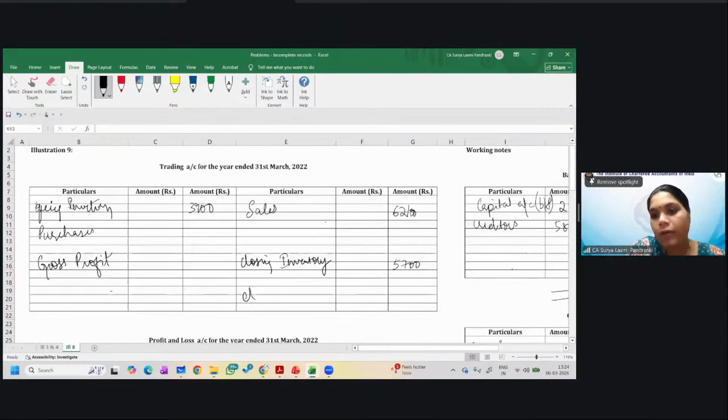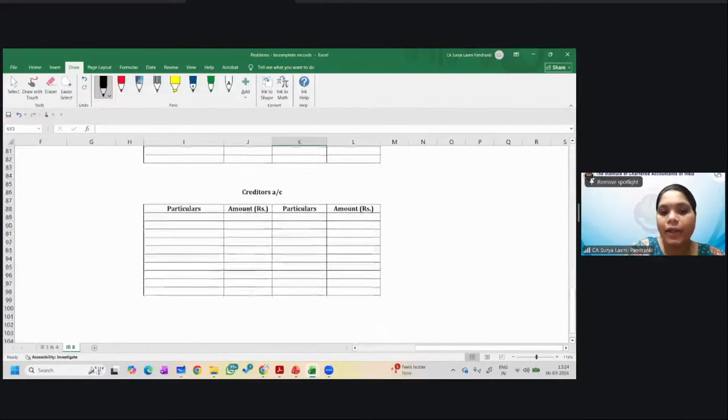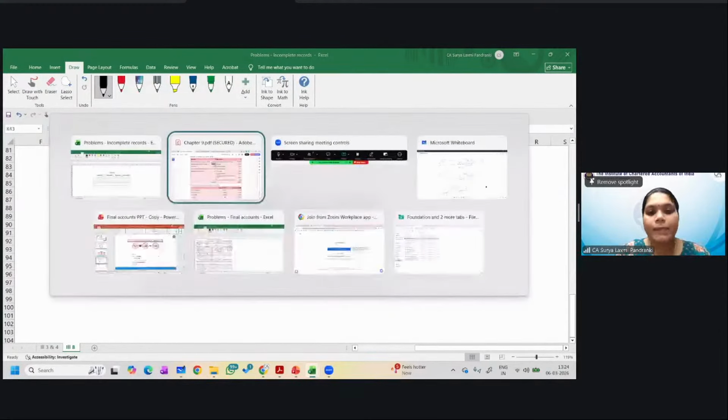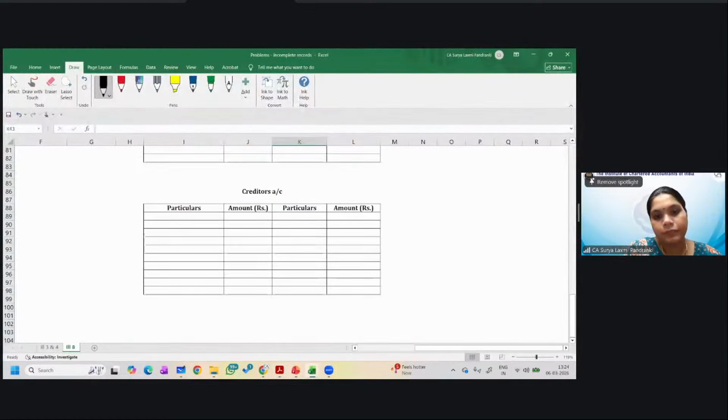62,100. Okay, done. Now, in the same way we will do the purchases and creditors account. Creditors balances, we will pick from here. 5,800 is opening, 7,900 is closing. What else do we have in between?